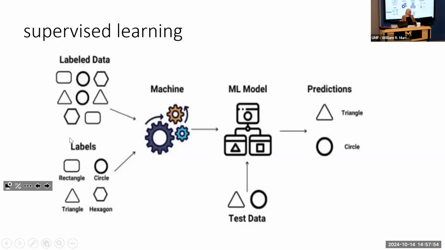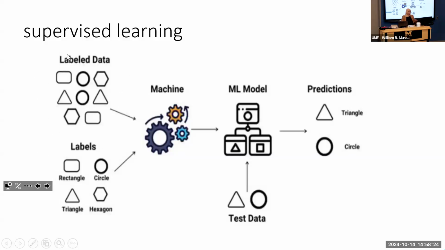Next, we have triangle and hexagon. So in this case, you see you have 4 labels. However, the data set could have more examples for each one, okay? So the label is the information of which class this shape belongs to. Is that clear? So now we have the data set plus labels.